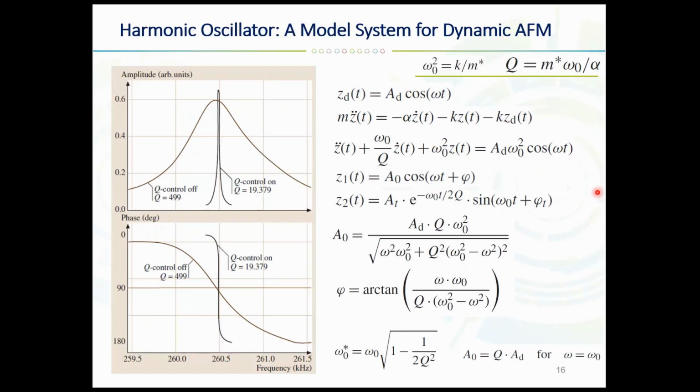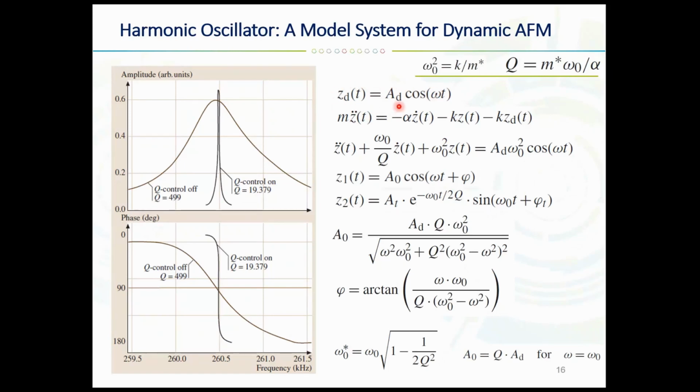So let's consider the damped-driven harmonic oscillation. The cantilever is mounted on a piezoelectric element, as you already know, and it will oscillate with the amplitude AD at frequency omega. So this is the overall equation of the oscillation.